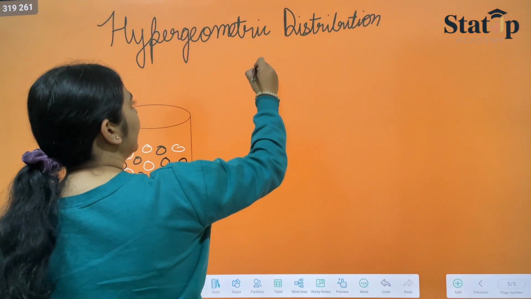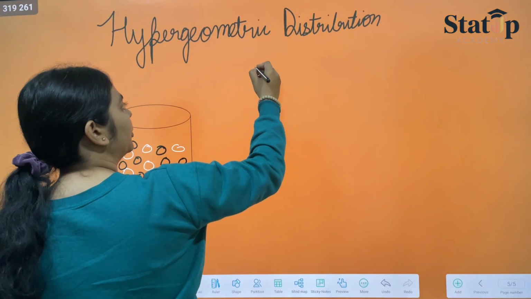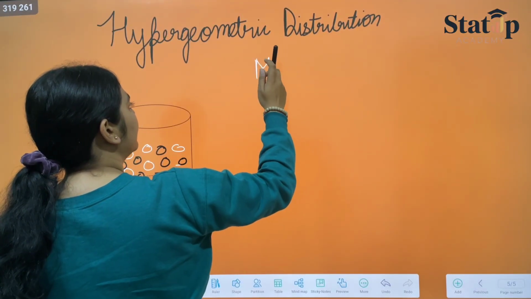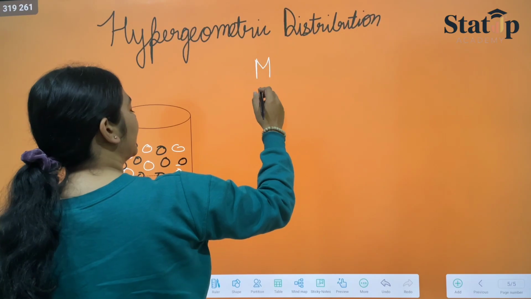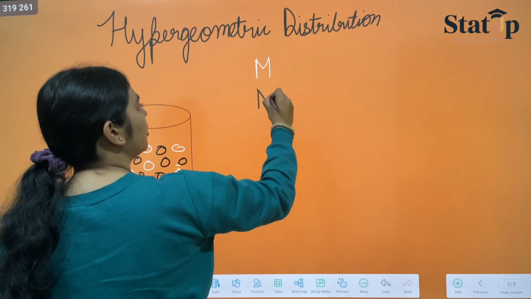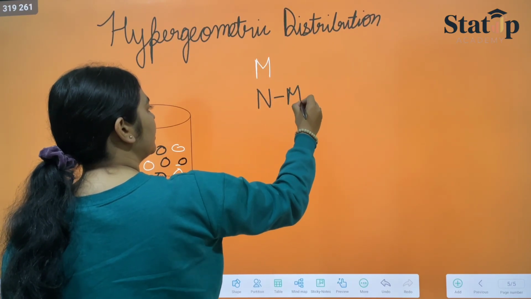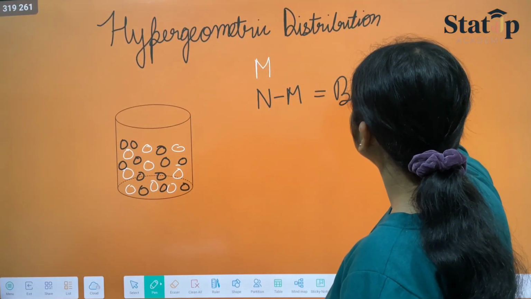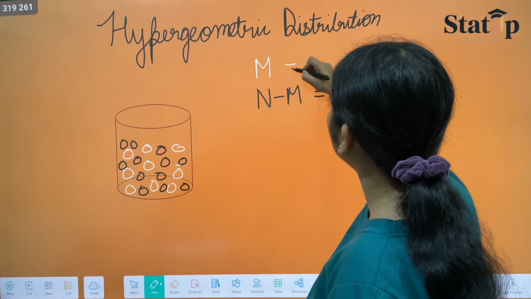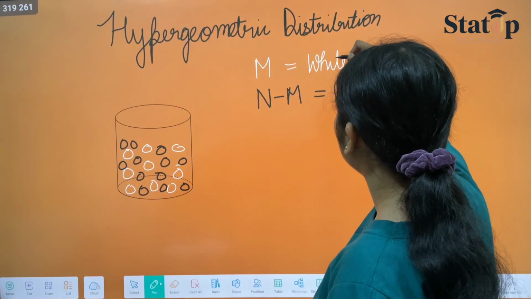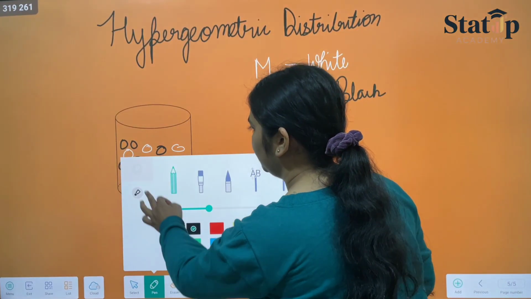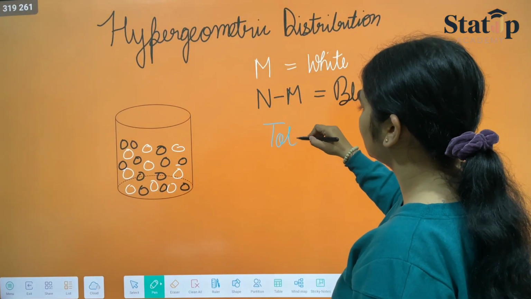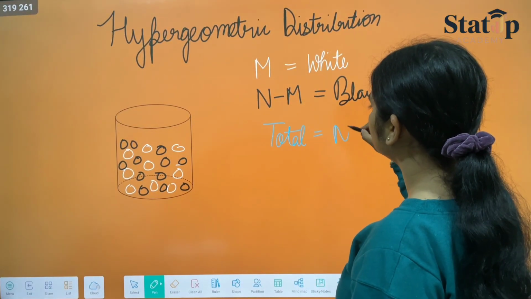Suppose there are m white balls, and the total balls that we have is N. So the black balls will be N minus m. These are our black balls, and these are our white balls, and in total we have N balls.